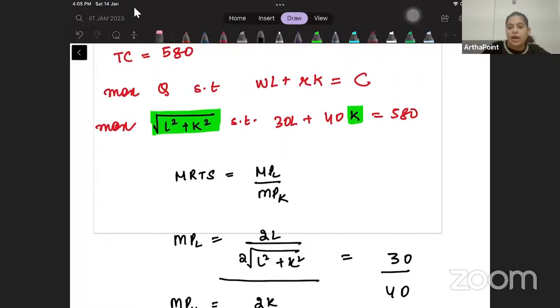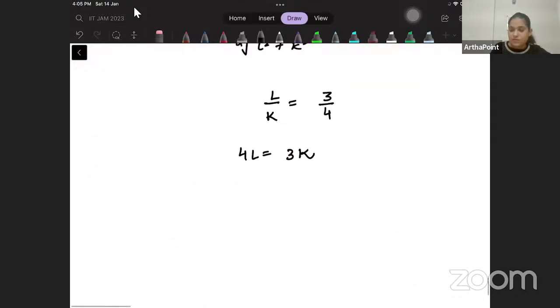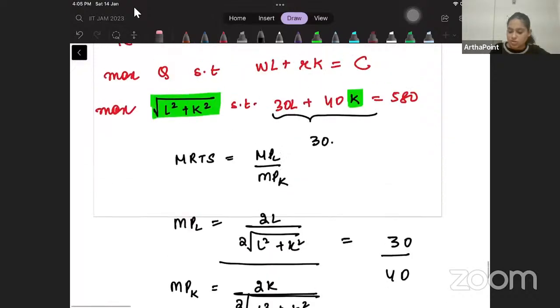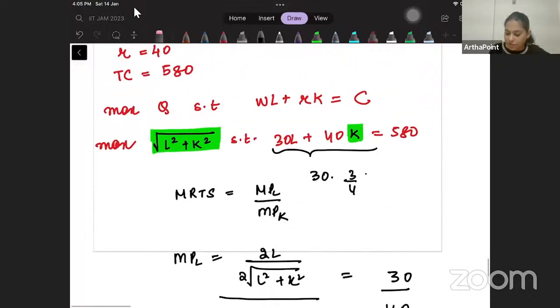Now I have been able to find that 4L is equal to 3K. I can put it here. So 30, instead of L, I will write 3 by 4K. So 30, 3 by 4K plus 40K equal to 580.